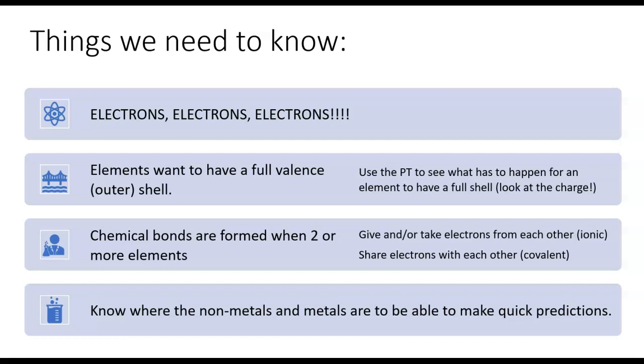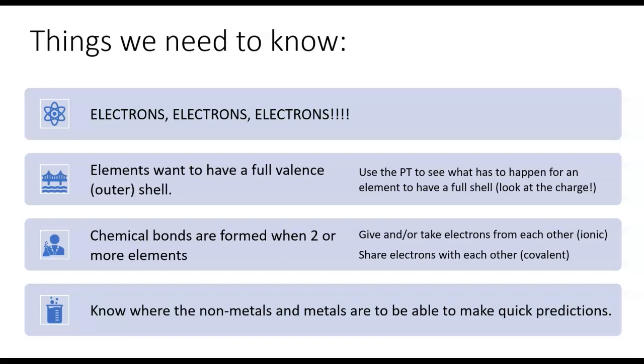But not every element, which we learned last week, has a full outer shell. So basically, chemical bonds and the connections between two different elements are going to be what each element needs to do in order to get that full valence outer shell, okay? There are essentially three possibilities.